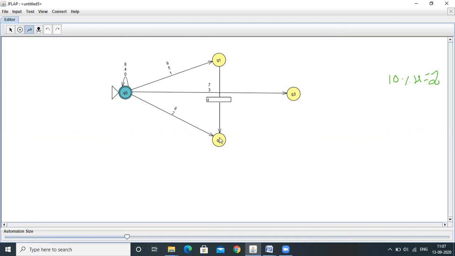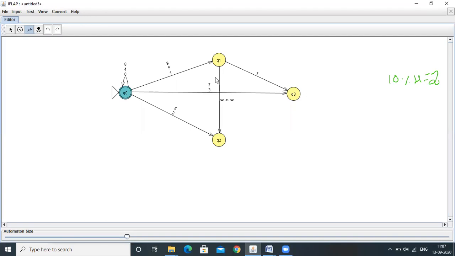Q1 on 4, and then Q1 on 8 gives 18. 18 modulo 4, remainder is 2 only. So this set is completed. Now what about the set 1, 5, 9? Q1 on 1 gives 11. 11 modulo 4, remainder is 3.